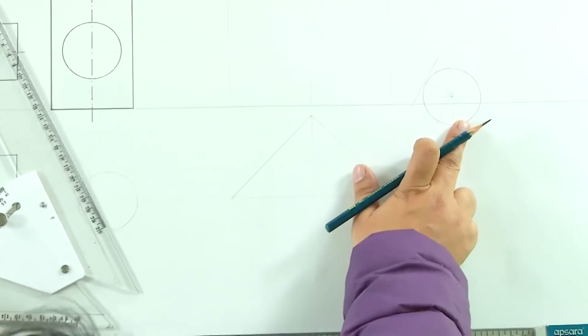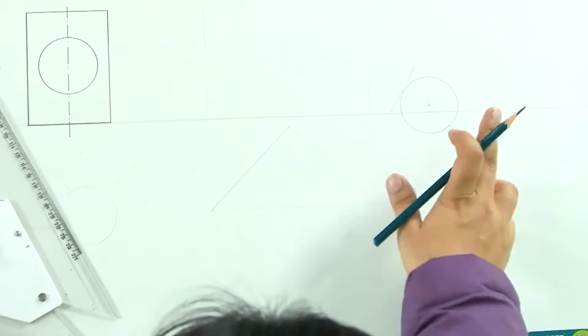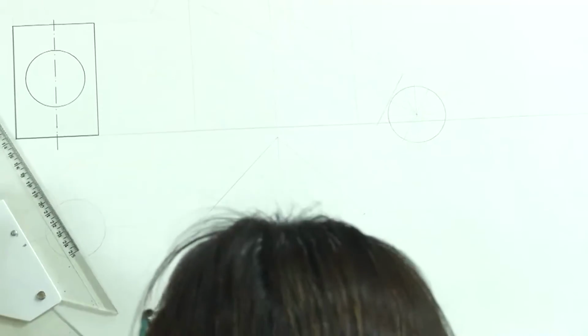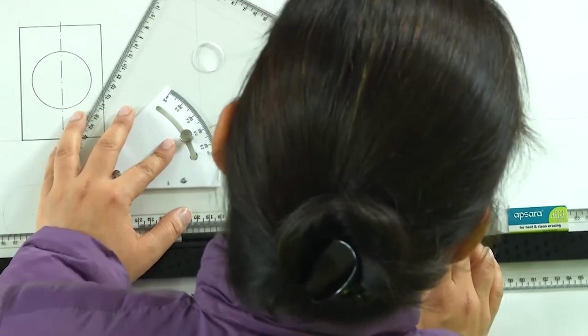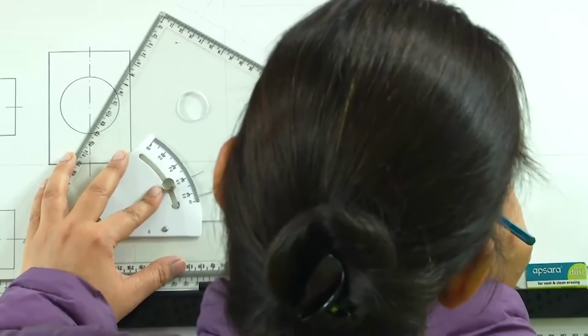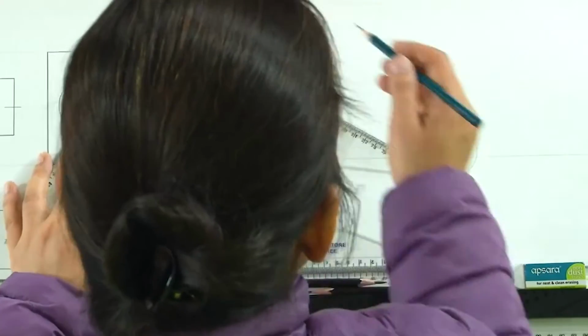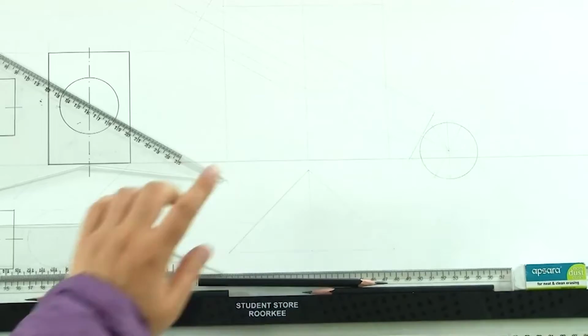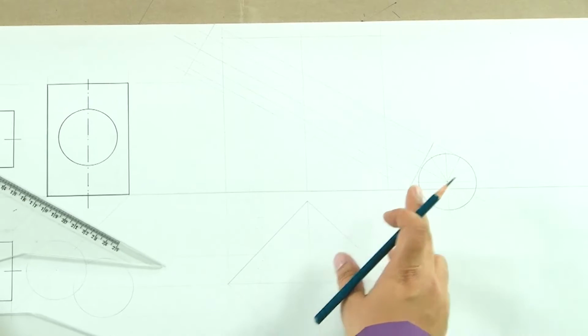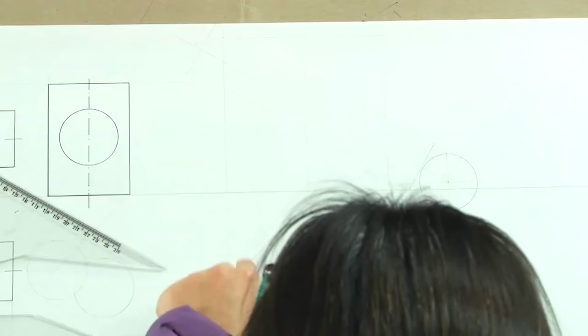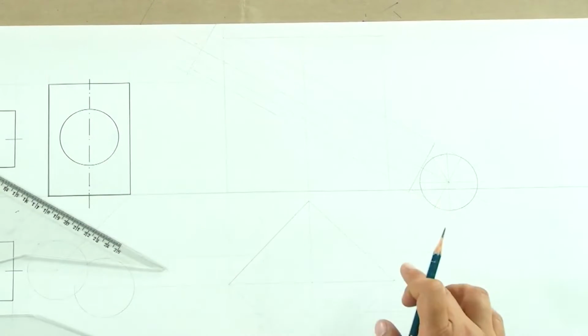Now, we have the circular base and we will develop its generators just as we do. These are the projectors for all those 12 different points. This is how the 12 points on the surface of the cylinder are going to look like, and now we have to project them back onto the top view.